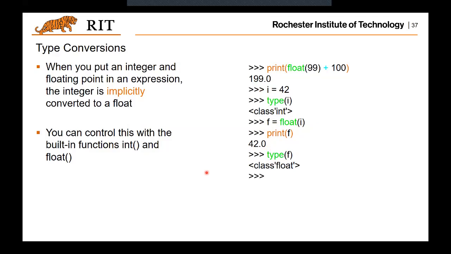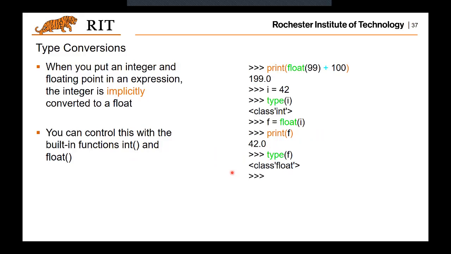You can do this vice versa, which means you can use int, not integer, int and parentheses, and put f inside, right? Then it will convert the original f, which is 42.02, to an integer number, which is 42. You can try this yourself, all right?